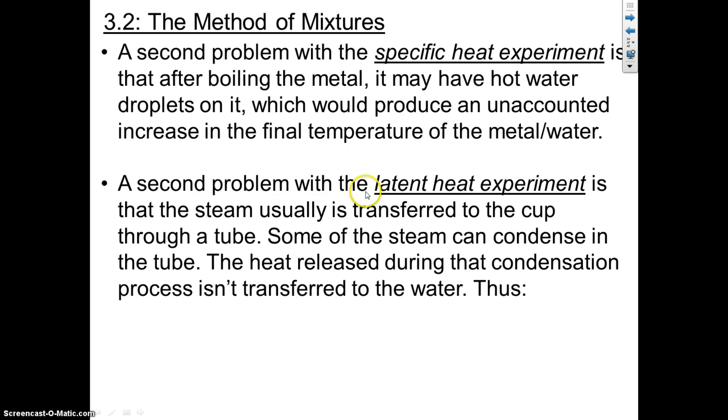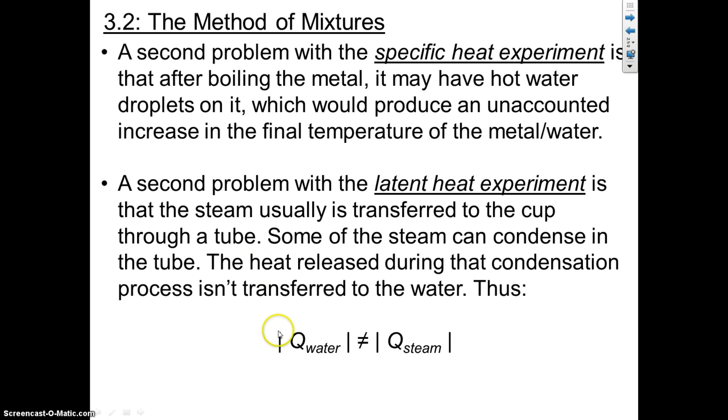So here's the second problem then with the latent heat experiment. Steam, the 100-degree steam, is usually passed into the cup through a tube. But some of that steam will condense early on in the tube, so the heat released when that steam condenses early will not make it into the water like we assumed.